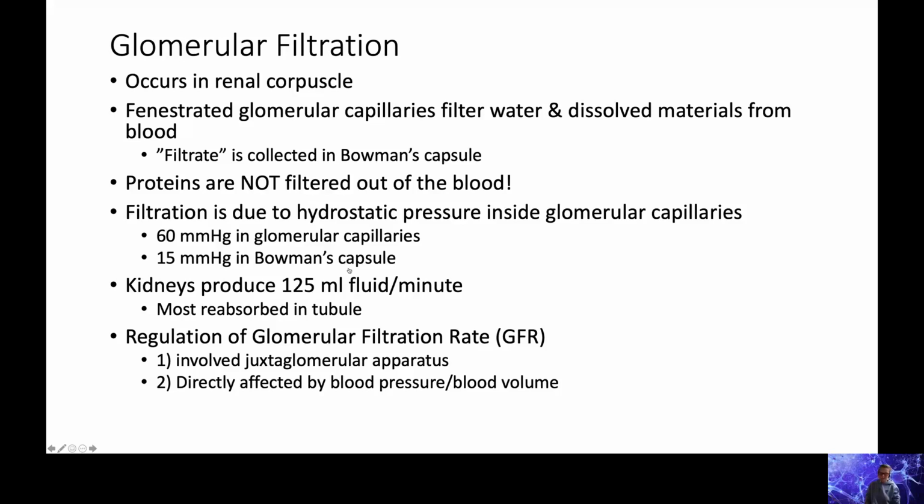There is a thing called the glomerular filtration rate, GFR, for those in the know, and that is going to be directly affected by blood volume and therefore blood pressure. So the juxtaglomerular apparatus is also going to be involved. I absolutely positively want you to know that the GFR is directly affected by blood pressure and blood volume.